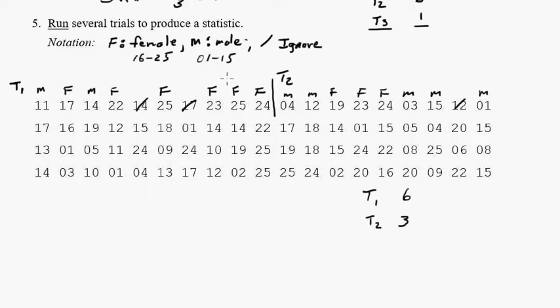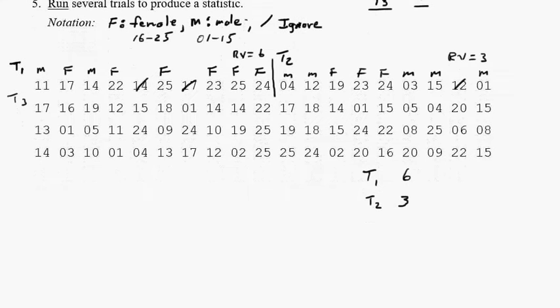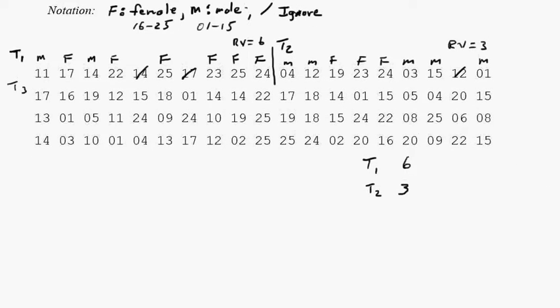Or another thing, I could just say RV equals 6 and RV equals 3, like that. And so now I would say T3 and keep going. So I'm not going to do that right now, but that's what you would do. So maybe you should do about 10, something like that.